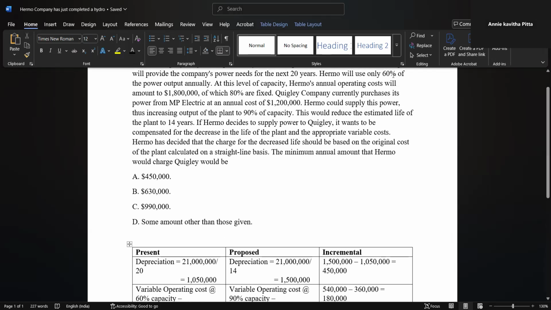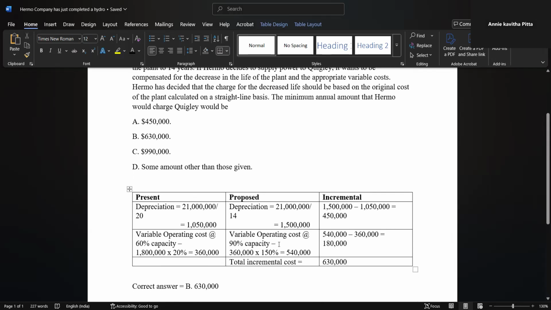That would be 50% of 60%, which is 30%. An additional 30% is added, so it is 150% of the original. So 360,000 into 150% is 540,000. So the incremental variable operating cost is 540,000 minus 360,000, which is 180,000.